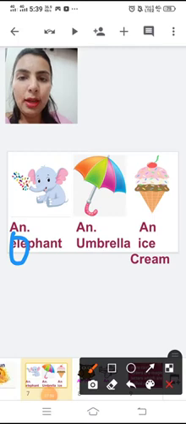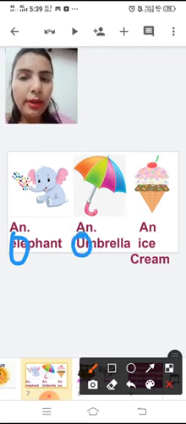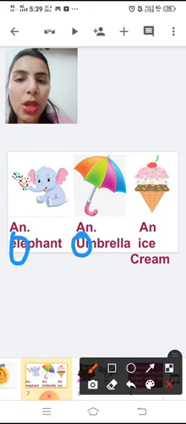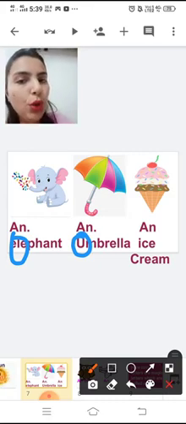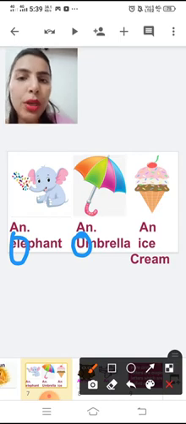So E is a vowel. Next is umbrella. An umbrella. Here again U. A, E, I, O, U. Here again U is a vowel. So we use an before U. So here also U is a vowel.